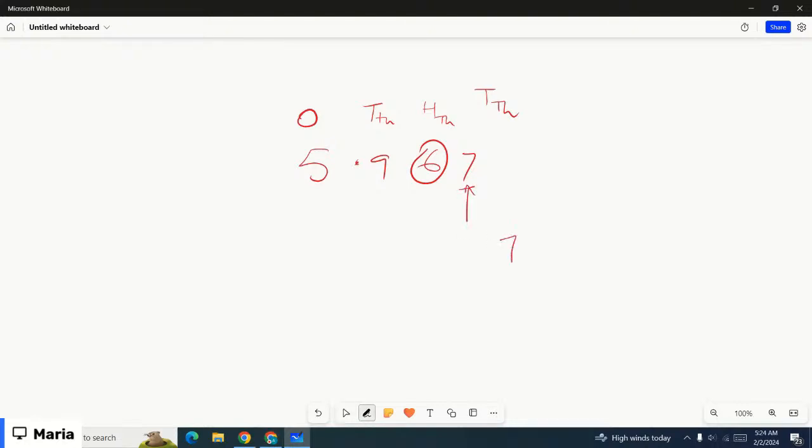You need to compare this digit to 5. 7 is greater than 5, right? If the number is greater than 5, you need to round up. Round up means you need to add 1 to the digit that you are given to round off. So you add 1 to 6, which is 7. So that is 5.97. The correct option is 5.97.